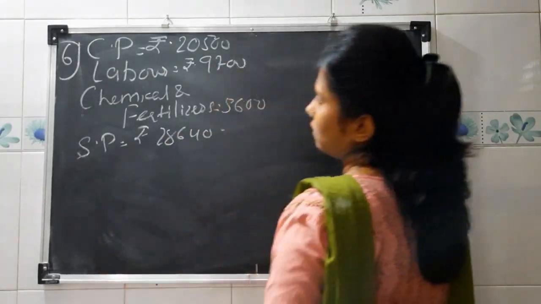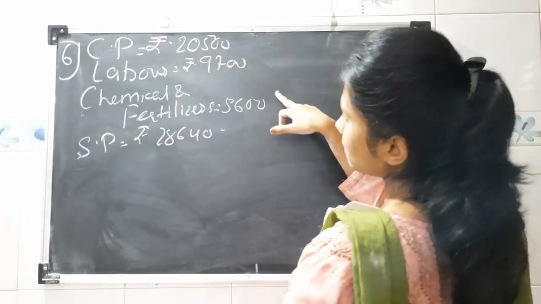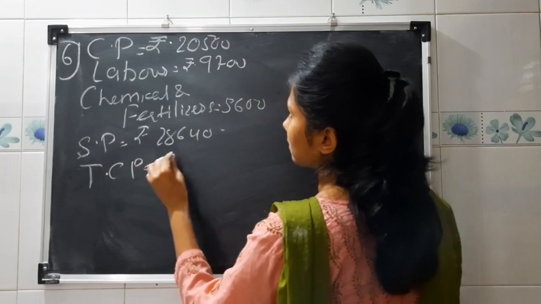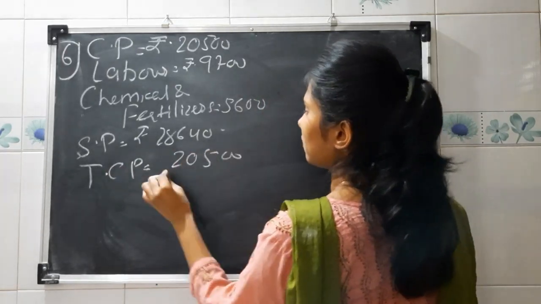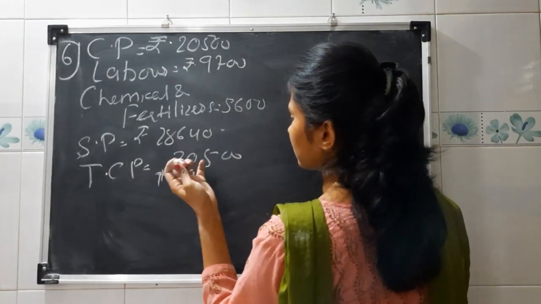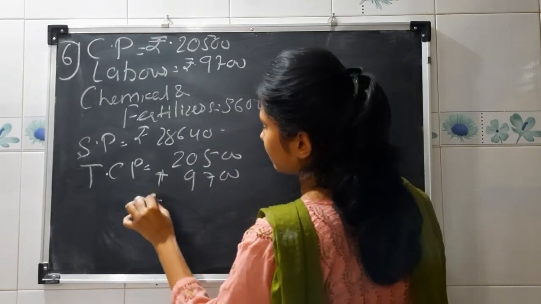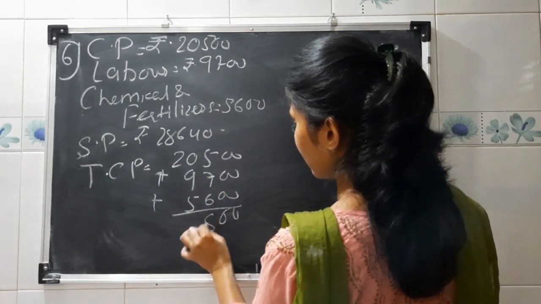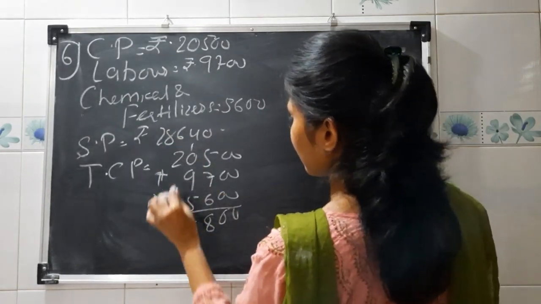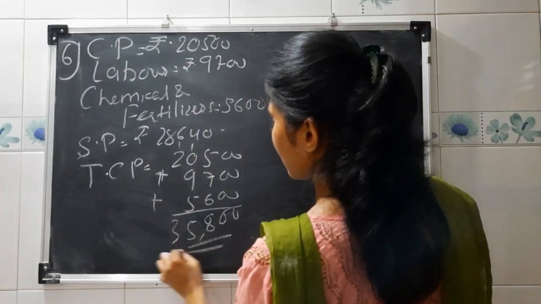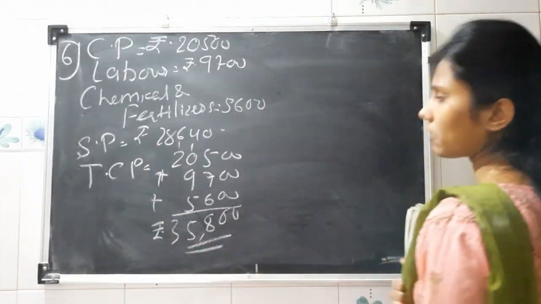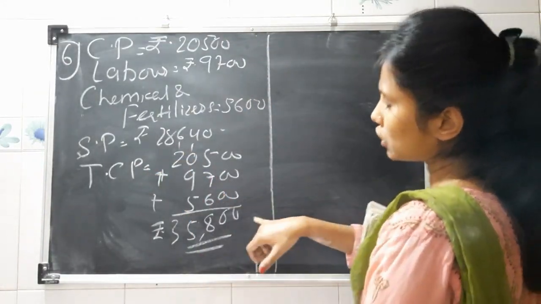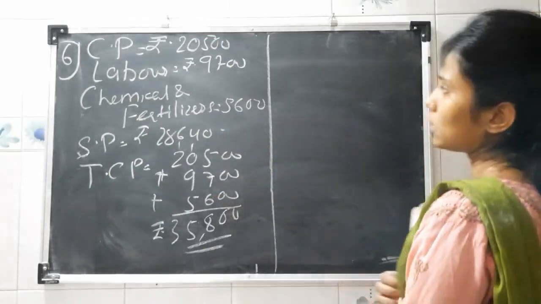First, you have to add all these expenses into the cost price. So total cost price is 35,800. Selling price is 28,640. Here cost price is greater than selling price, so it is a loss.